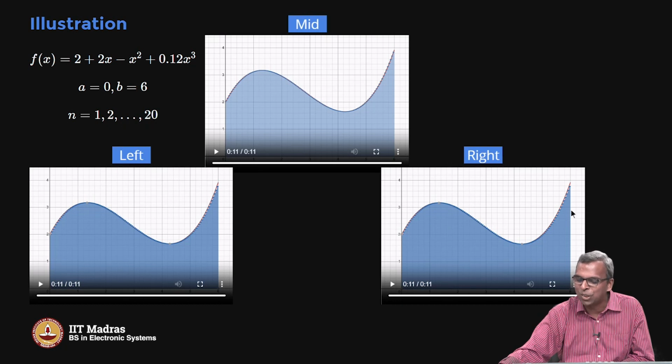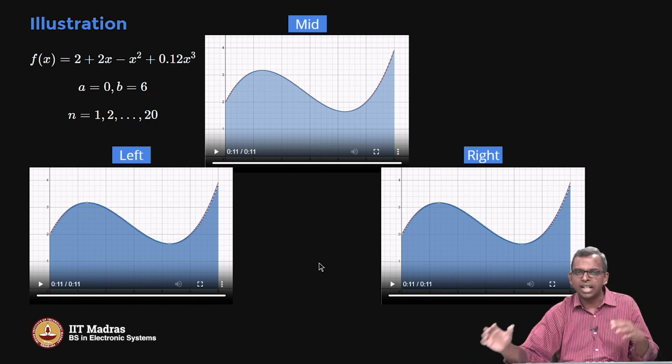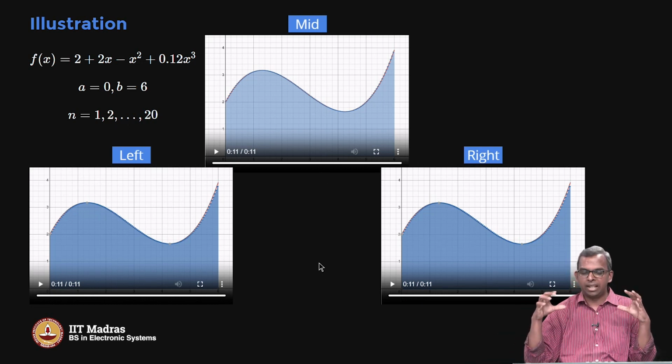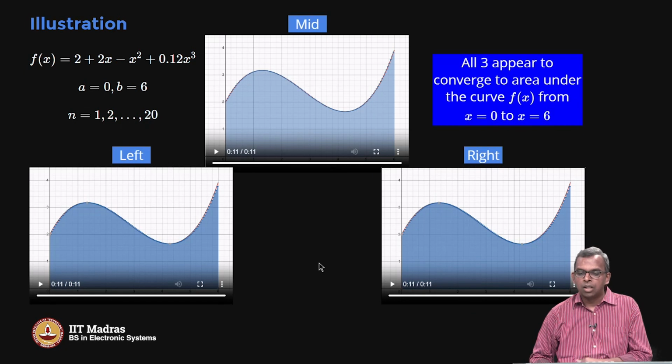Okay. If you let it go for a long time, you see that all these three Riemann sums, the mid Riemann sum, left Riemann sum, right Riemann sum for this function, they are all tending towards the area under the curve. So all three appear to converge to the area under the curve for f of x from x equal to 0 to x equals 6.